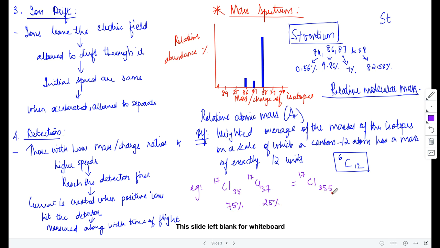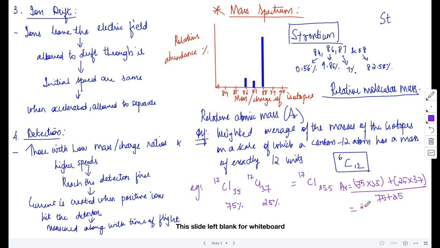Did you do 75 times 35, and 25 times 37? Yes. How is it calculated? It is the mass of the isotopes divided by the total abundance. So it is 75 times 35 plus 25 times 37, divided by 75 plus 25.